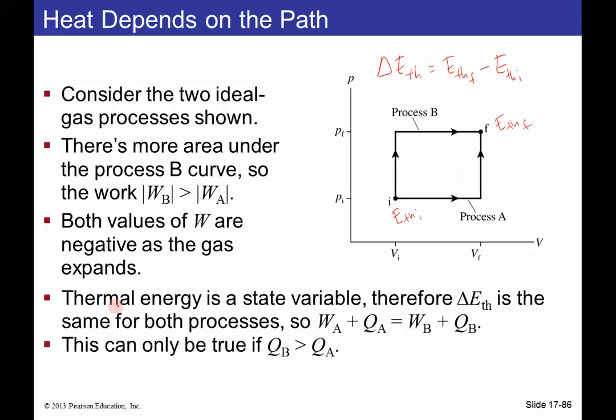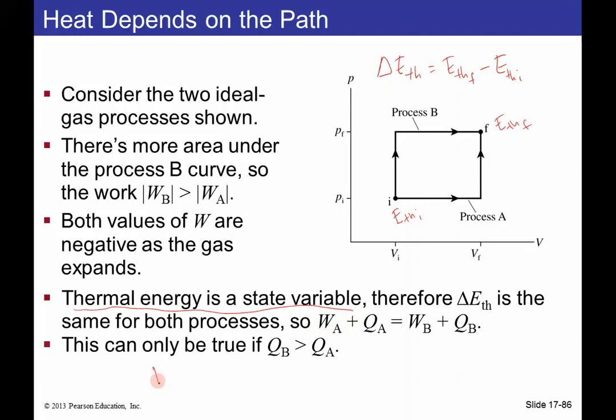So the thermal energy is a state variable. That is what we mean by the fact that the change in going from here to here is the same for both processes. Delta E thermal is the same for both, and delta E thermal is what?